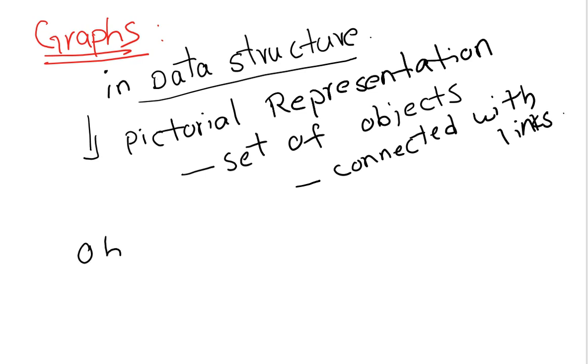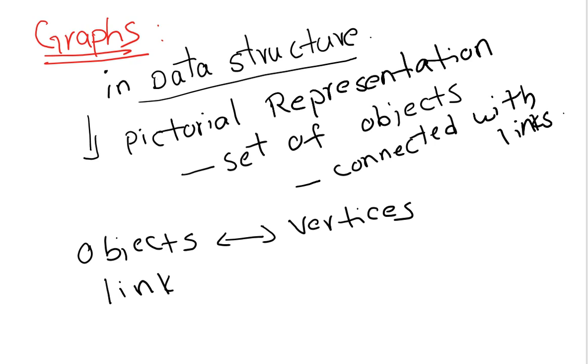The objects are called vertices, and these links, which connect one object to another object, are called edges.